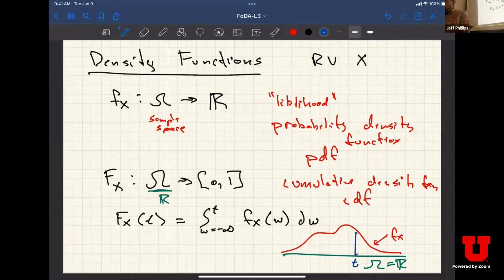And so I'm going to try and look at the integral up to this point T here, okay?